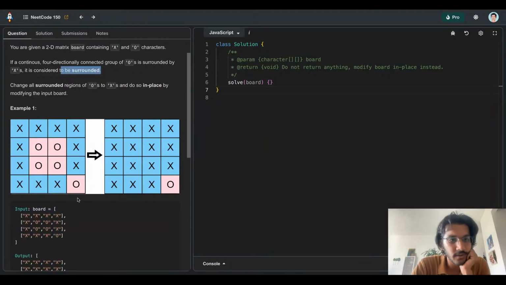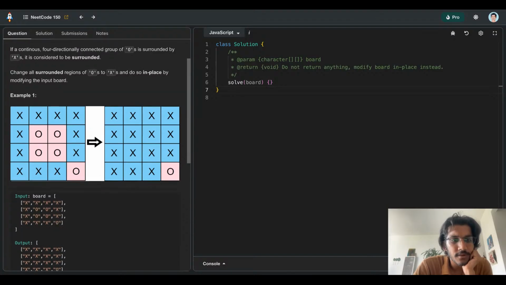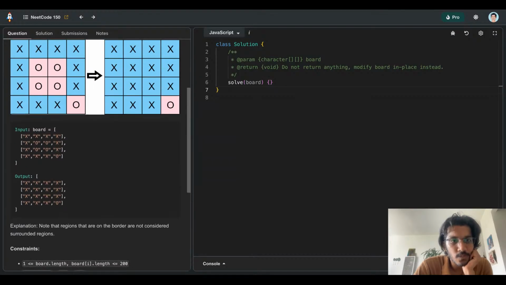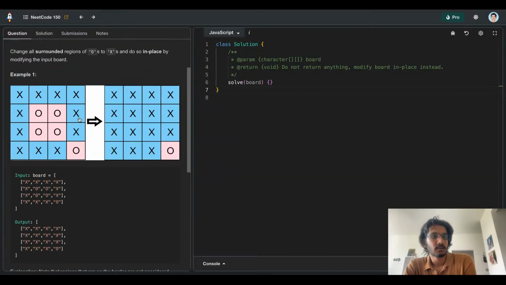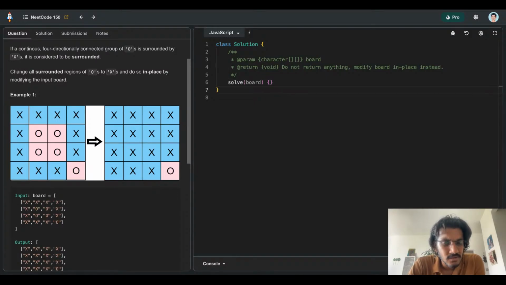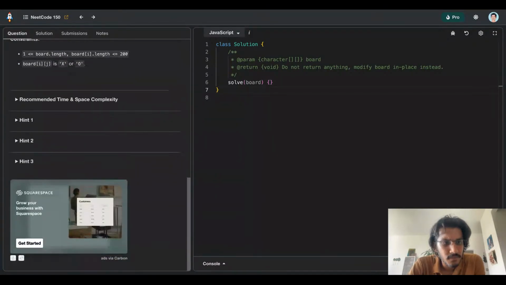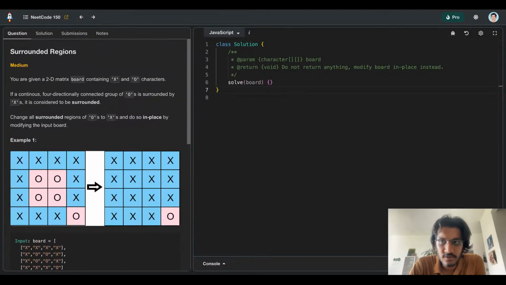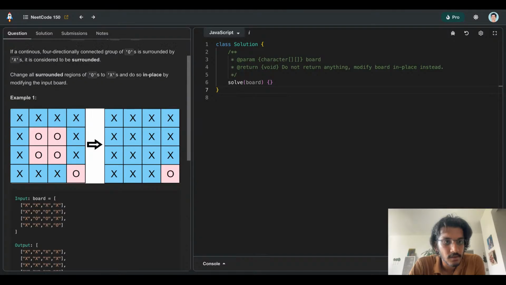But this one's not surrounded by X's. That's interesting. So I guess surrounded here just means these X's. The diagonal X is not counted, it seems. It's not very clear what this means. I want to make sure I understand the question correctly.